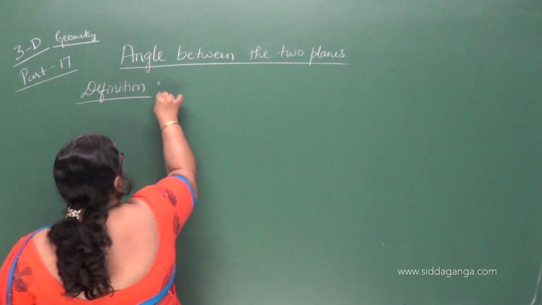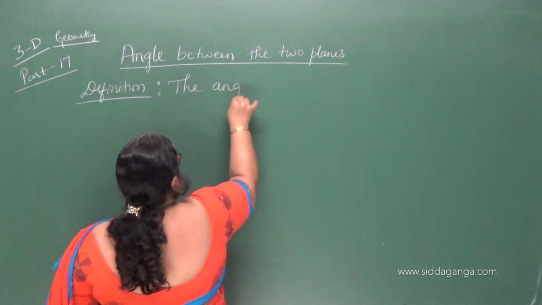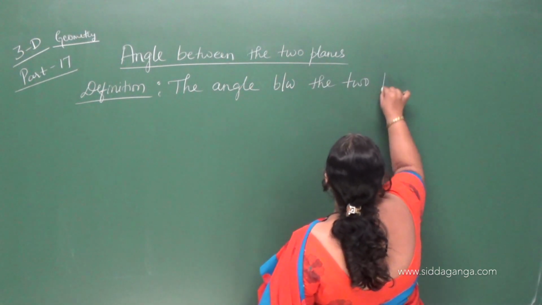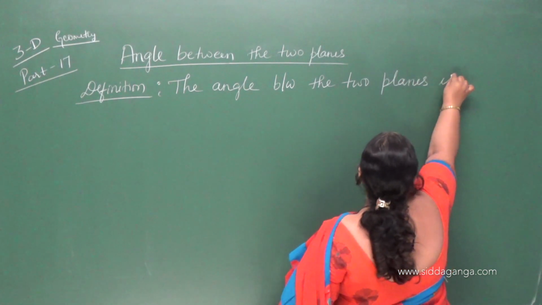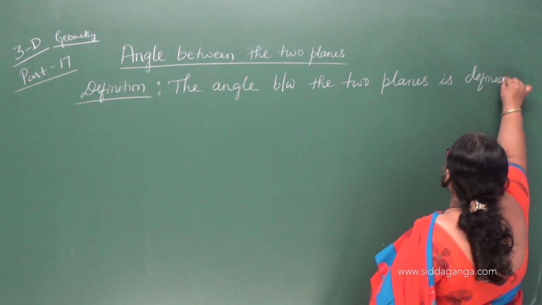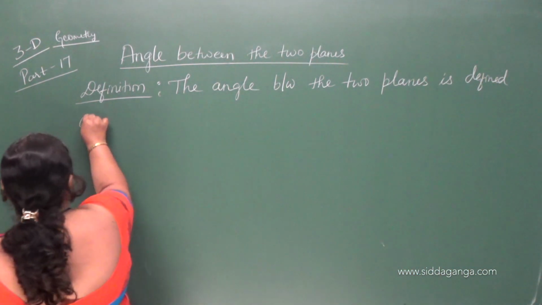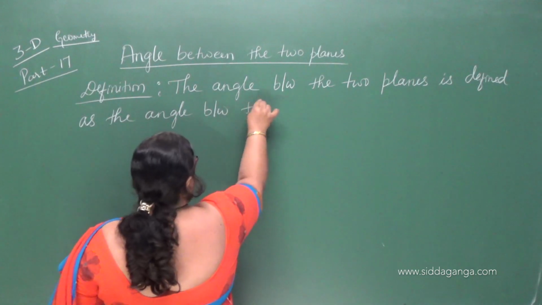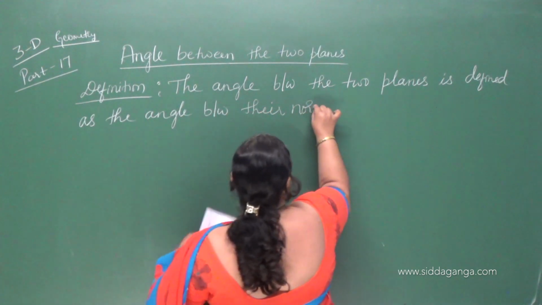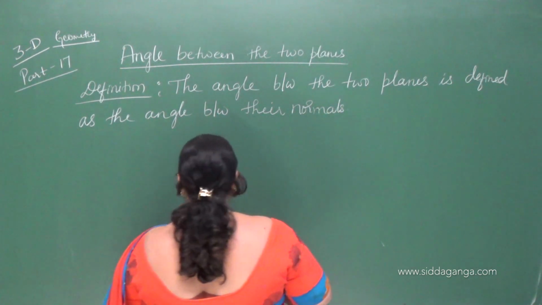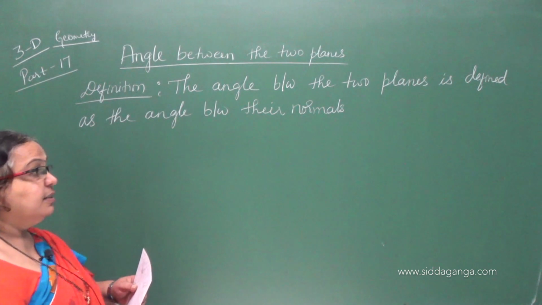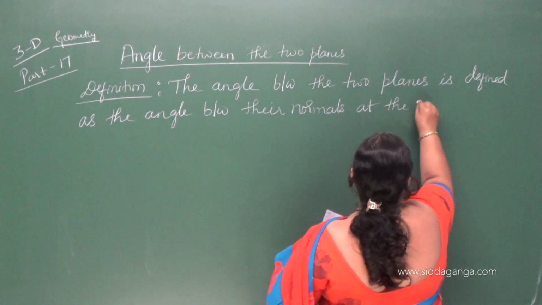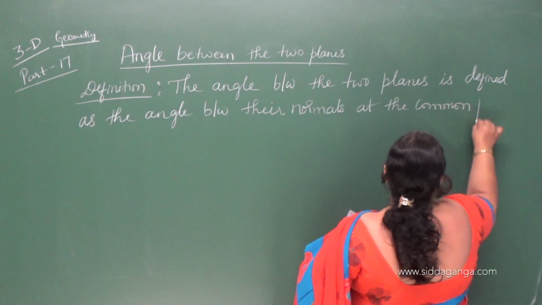The angle between the two planes is defined as the angle between their normals at the common point.